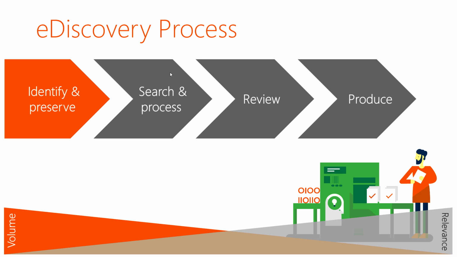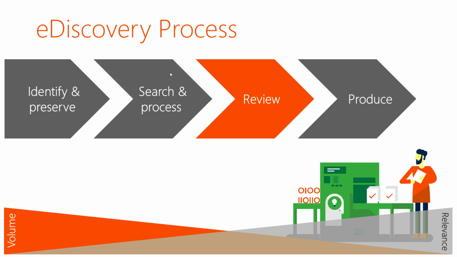The next is the searching and processing, and this is where you take the data that initially came back and you have your in-house lawyers and your in-house paralegals go through it to cull and reduce the amount of data that you would end up delivering to a court or to opposing counsel. Then the review stage, that's when perhaps outside counsel comes in and further reduces the amount of data being delivered to the court or, again, to opposing counsel.